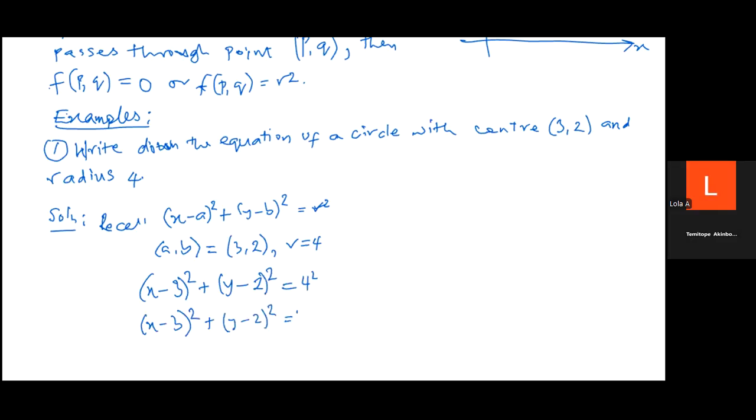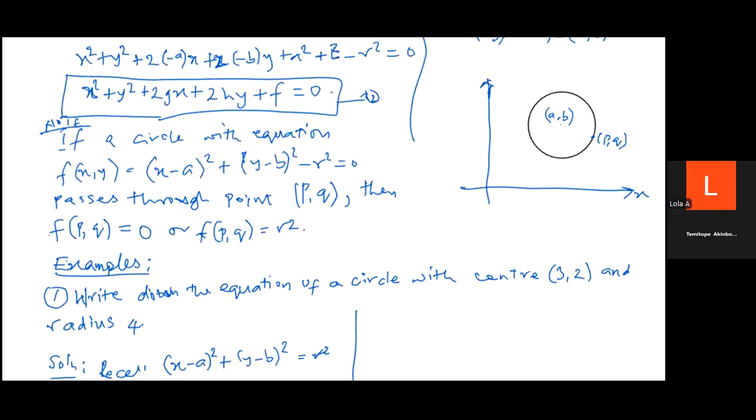So that's the equation of the circle in completed form. But at times, the question can say you should write the equation of the circle in the form of equation 2 that we have here. If you're asked to leave your answer in this form, then you will expand and simplify what we have found.